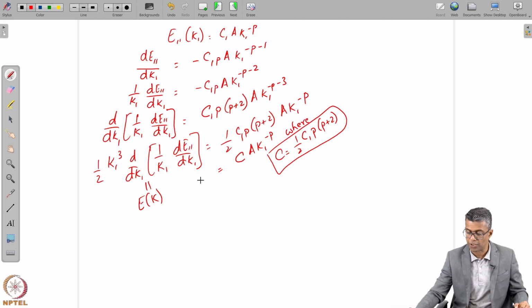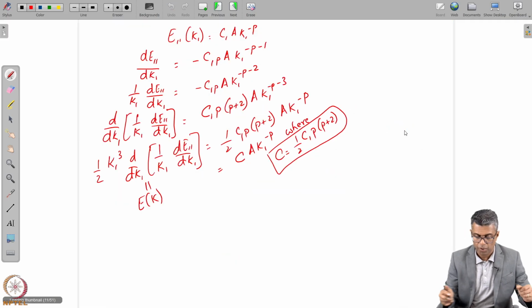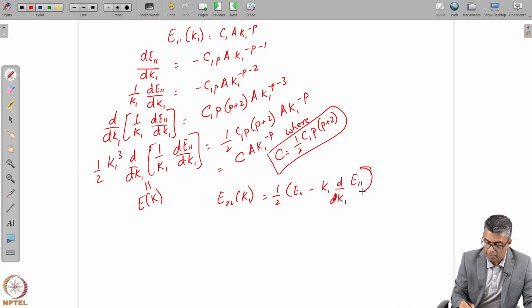Similarly, we can do it for E22. So for E22, I'm going to be using this equation, isn't it? E22 of kappa 1 is half of E11 minus kappa 1 d/d kappa 1 of E11. So I will have half, here this one is going to be C1 A kappa 1 to the minus P minus kappa 1 d/d kappa 1 of E11, which I already derived here.